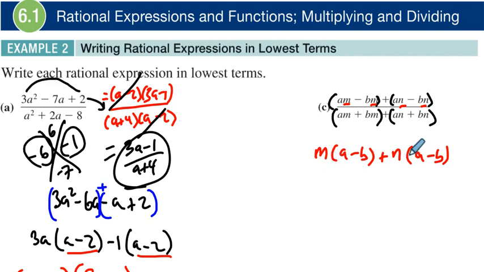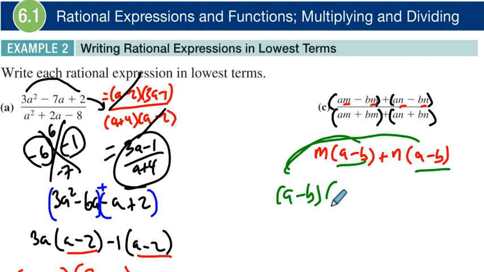Let's just finish the numerator since we're doing that, and then we'll do the denominator. Now that we've done that, notice that we have a common term of a minus b. See how they both have an a minus b? So let's factor out an a minus b. Look what I have left: m plus n left.